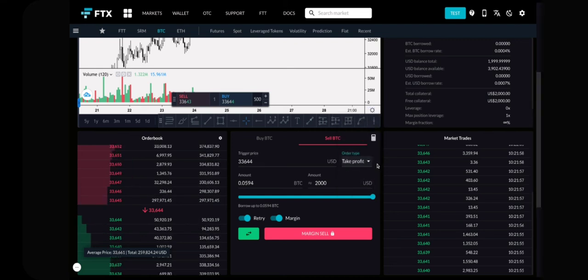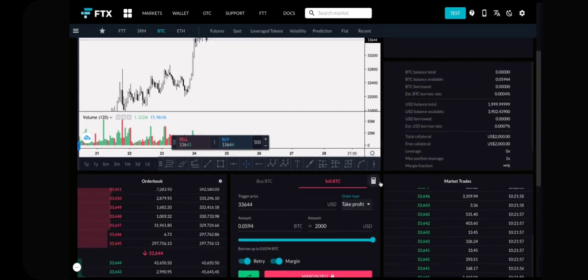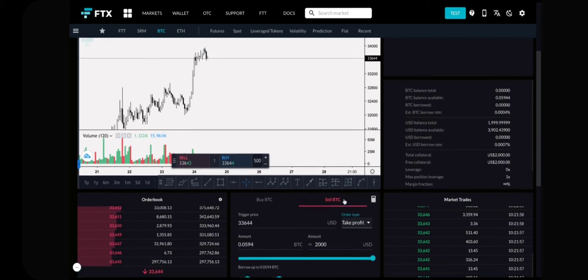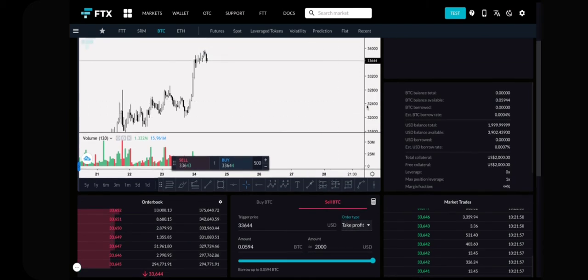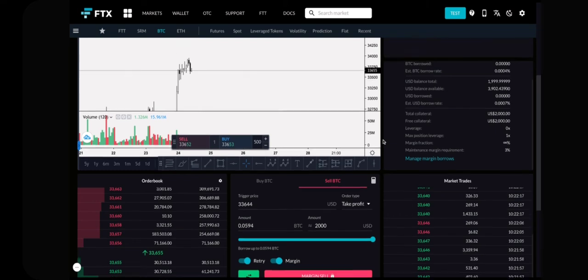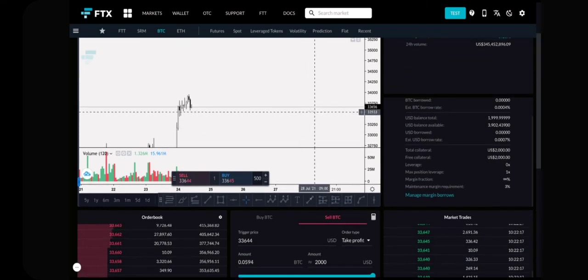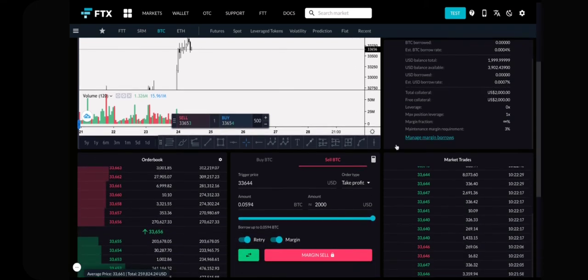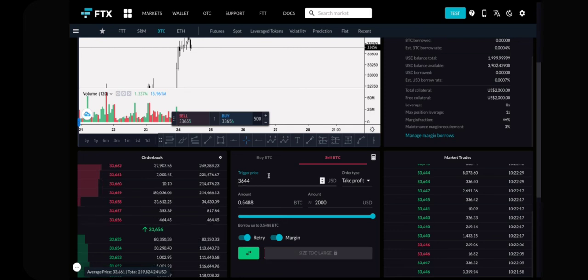Take profit orders are fairly self-explanatory. If you have a take profit sell order, it's an indication that you want to put an order on the books to sell your Bitcoin when it reaches a certain price. Okay, so say you've bought your Bitcoin at 33,600, and you say, okay, well, whenever it gets to 34,600, I want to take profit.